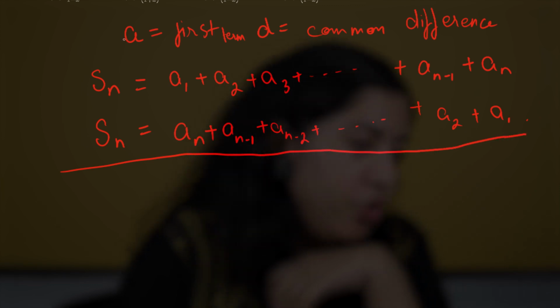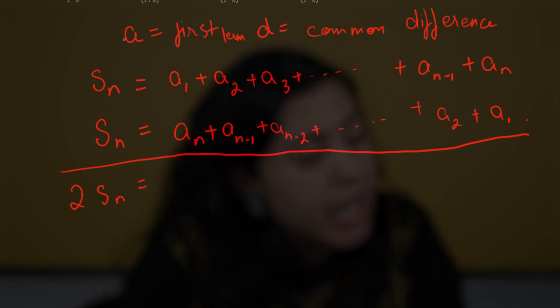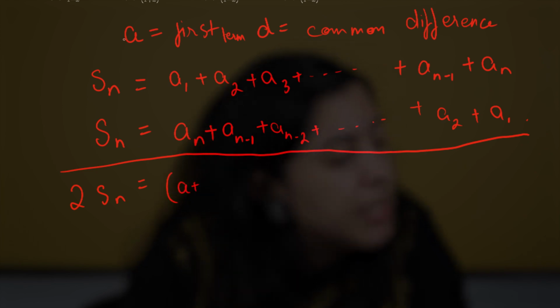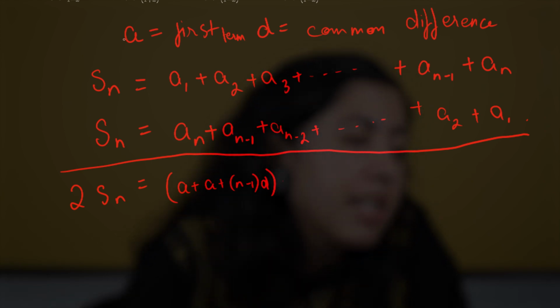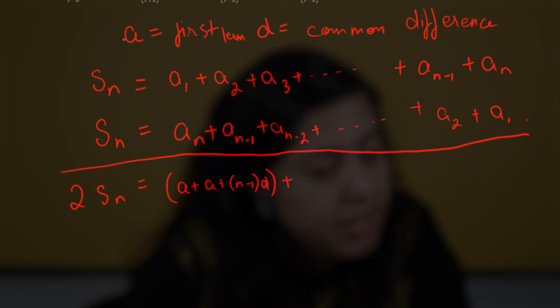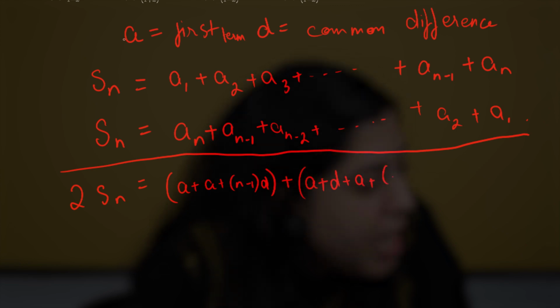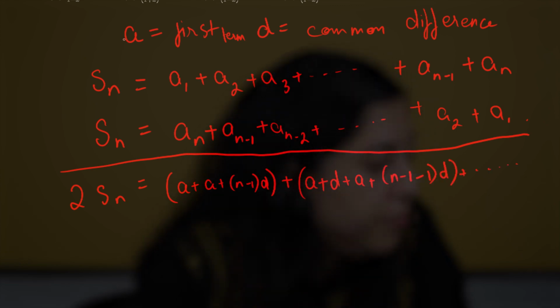Let's add these equations. On the left hand side, we'll get 2 times Sn is equal to a1 plus an, that is a plus (n minus 1) times d. Then we have a2 plus a(n minus 1), that is the sum of the second and the second last term, that is a plus d plus a plus (n minus 2) times d, and so on.